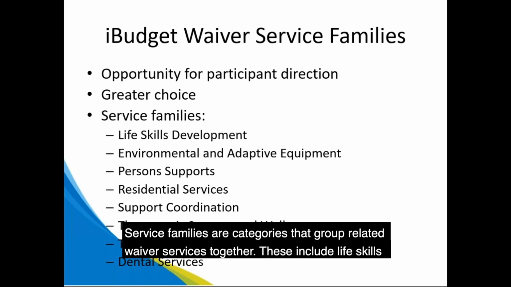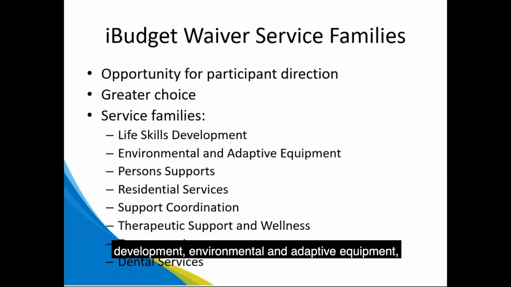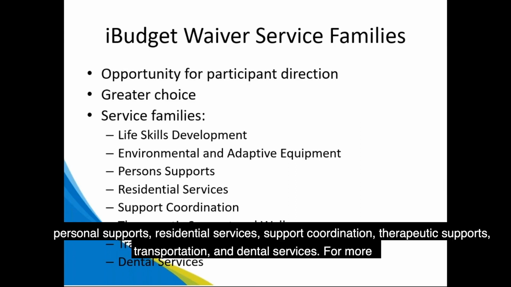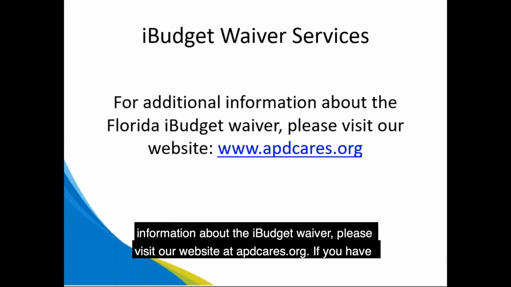Service families are categories that group related waiver services together. These include life skills development, environmental and adaptive equipment, personal supports, residential services, support coordination, therapeutic supports and wellness, transportation, and dental services.